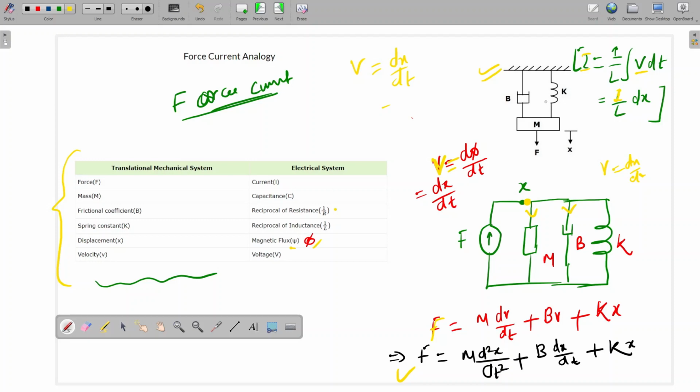The spring constant K is equal to the reciprocal of L, so the reciprocal of L is K into X. So the final equation for this system will be M into dV by dt, which is d square x by dt square, plus B into V, where V is dx by dt, so B dx by dt, plus kx.